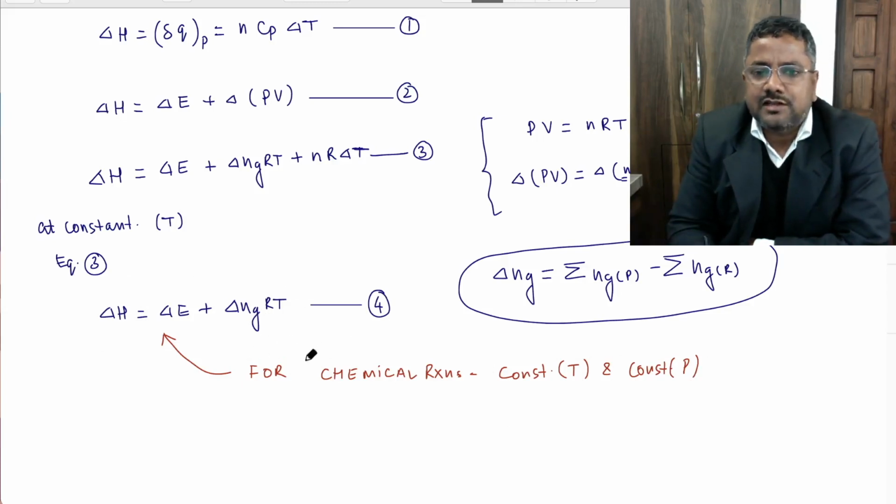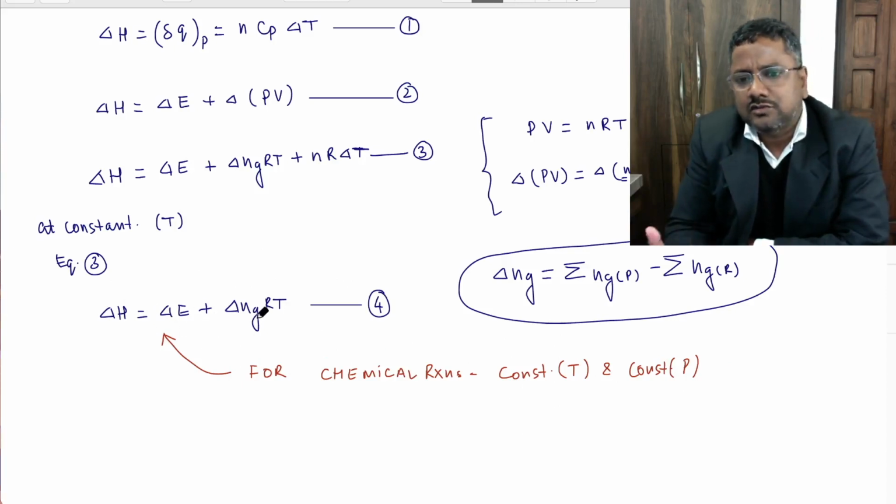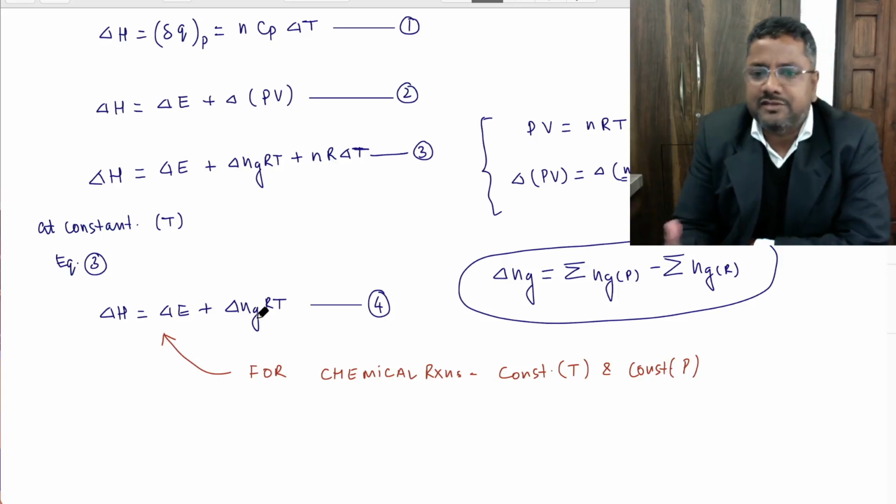So if the question arises whether delta H and delta E are the same or different for a chemical reaction, they may be the same or may be different, right?